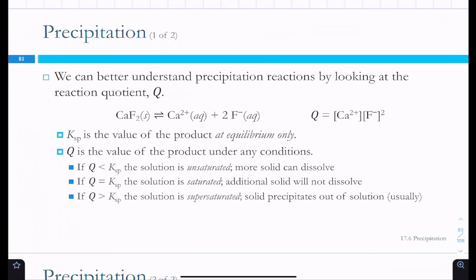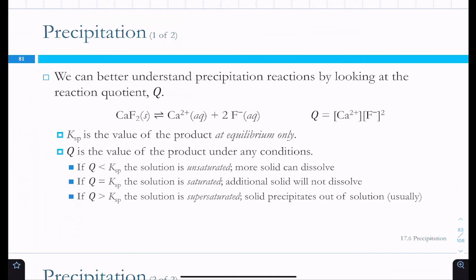Okay, so another aspect of precipitation. And again, dredging up this idea of Q. Q is something that we had way back in equilibrium before acids and bases. Q is really an indicator of where we are relative to K. For K, you can only calculate K for equilibrium conditions, but Q is the one you calculate anywhere.